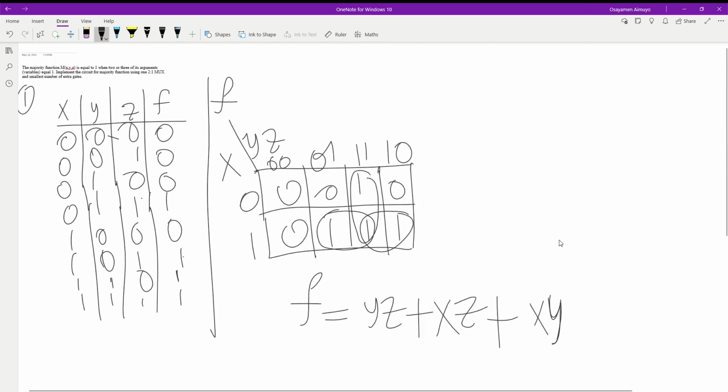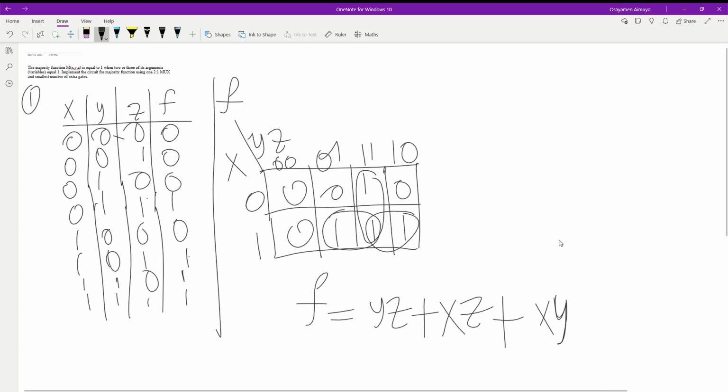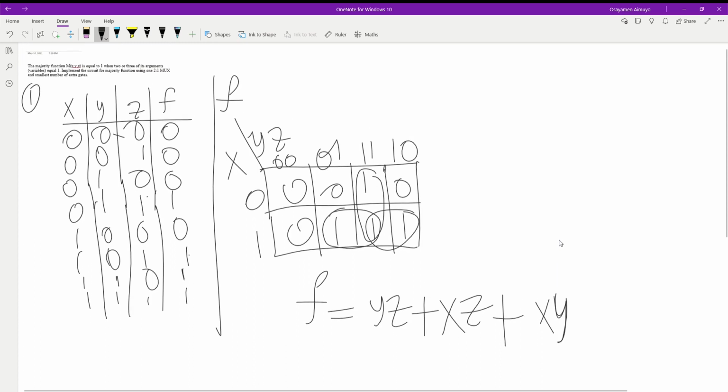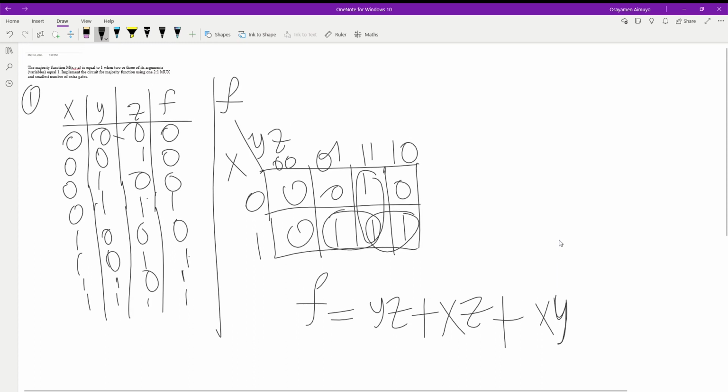Okay. Let us see how we can get this to work with a mux. Give me 1 second.